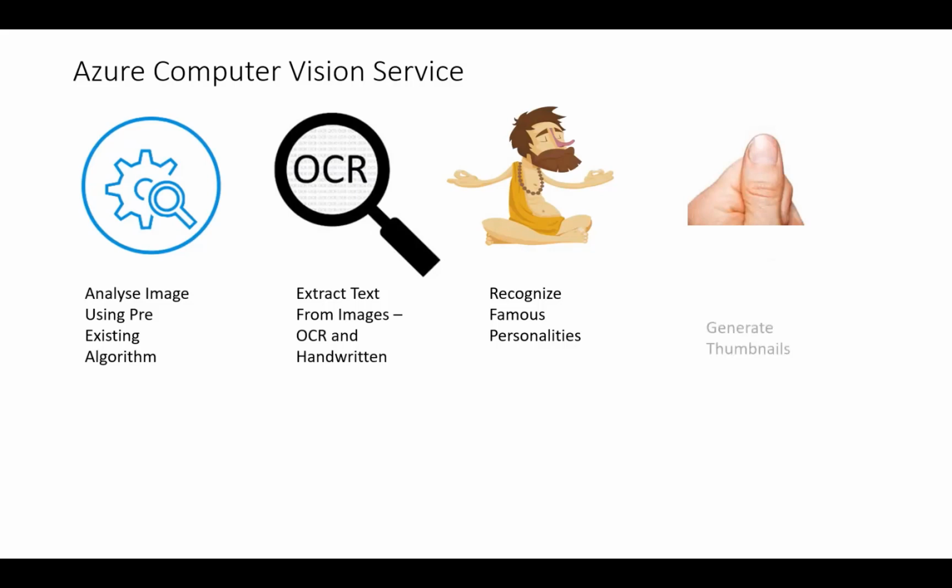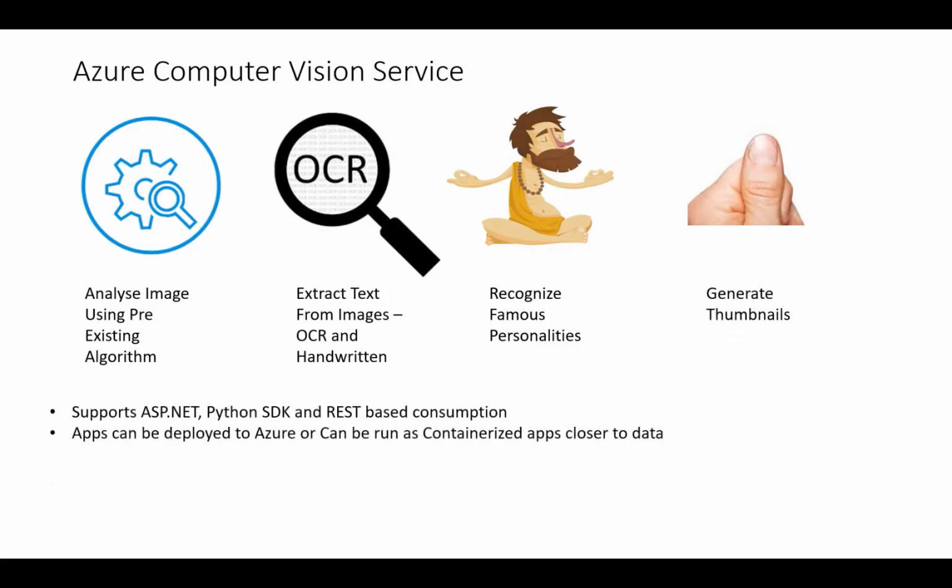Computer vision supports REST-based calls, wherein we can pass the images to the REST endpoint as a byte array or the URL to the image. Or in case we are inclined to use SDKs, we have SDKs available for ASP.NET and Python. So it really makes the development of apps simple and easy.